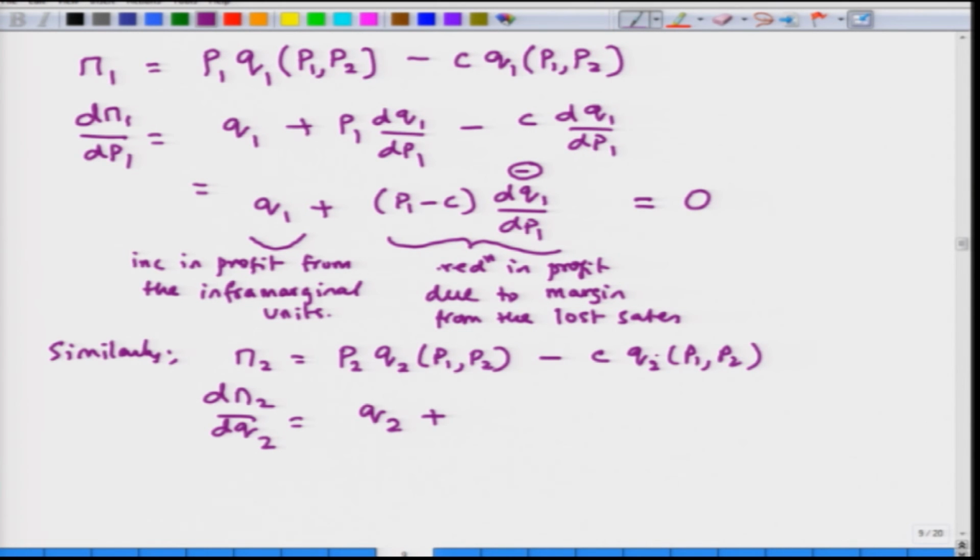We will pull these two things together. So, this is Q2 plus (P2 minus C) dQ2 dP2, which is equal to 0, right. So, I have the two first order conditions for the two firms, and we will simultaneously solve the two first order conditions to figure out what the optimal prices are.